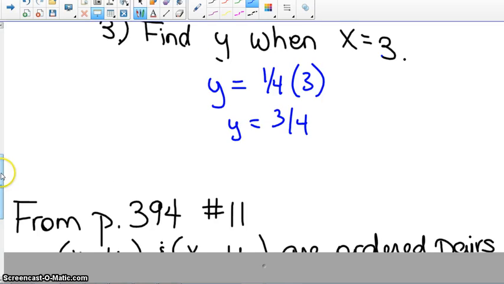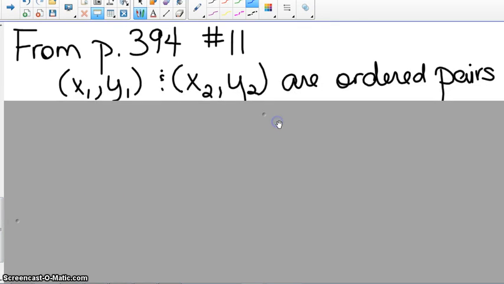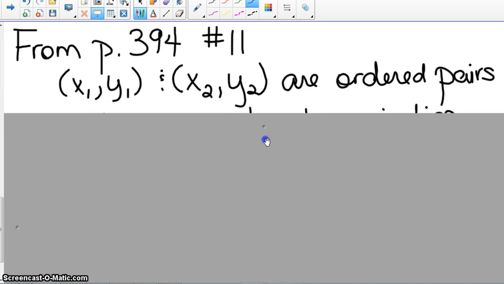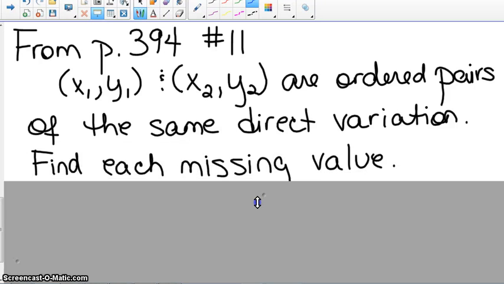All right, this is from the book, page 394, number 11. They're giving us ordered pairs. They're saying X1, Y1, and X2, Y2, just meaning two different ordered pairs, are of the same direct variation, meaning they have the same K. So X1 and Y1 have a K, X2 and Y2 have a K, and they're the same.